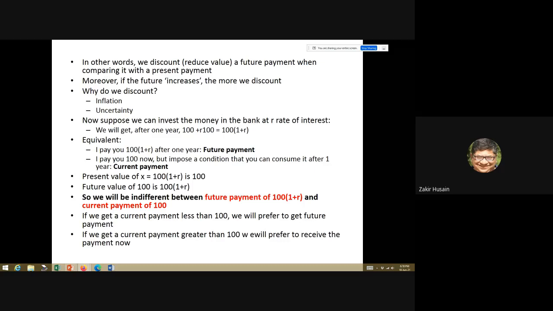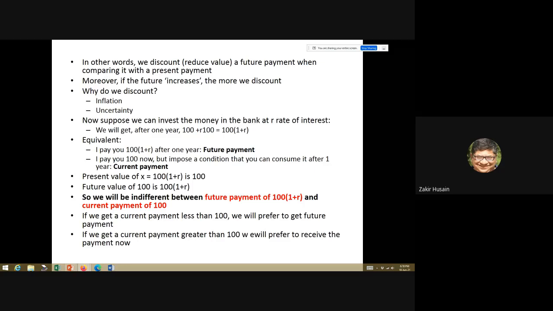At the moment, let us ignore inflation. Let us also ignore uncertainty. I may die, I may fall ill, you may also kick the bucket or whatever. Let us ignore both uncertainty and inflation.